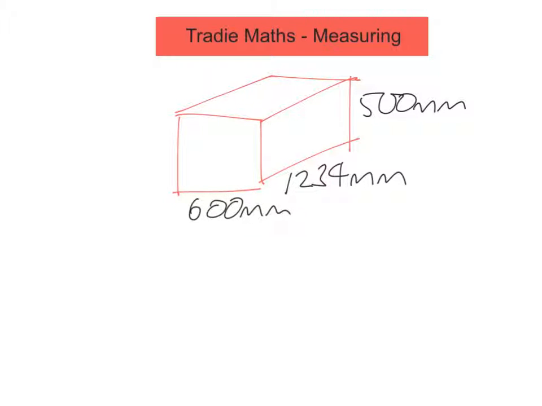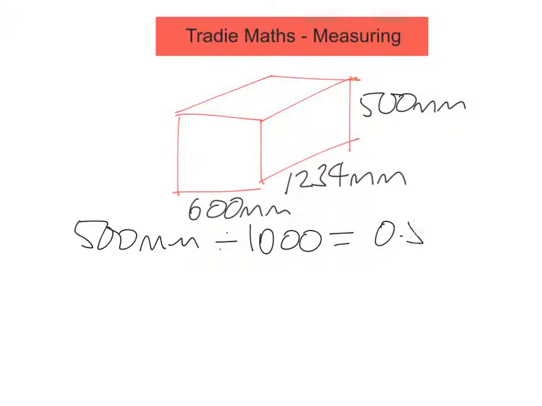So let's have a go at that one. 500 millimeters divided by 1,000 to turn it into meters is going to be 0.5 meters. That's half a meter. Now 1,234 millimeters. I know that's more than 1 meter because it's more than 1,000.